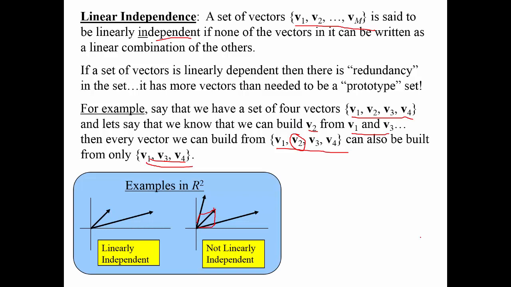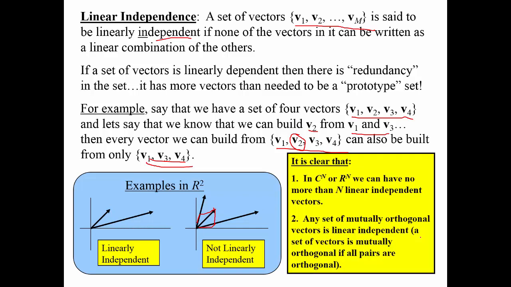So that's one way to see it. This is telling us when we have too many vectors to have a unique representation. And so we can have no more than n linearly independent vectors in Rn. And any set of mutually orthogonal vectors is linearly independent because, obviously, if they're orthogonal to each other, you can't build one of them from the others.